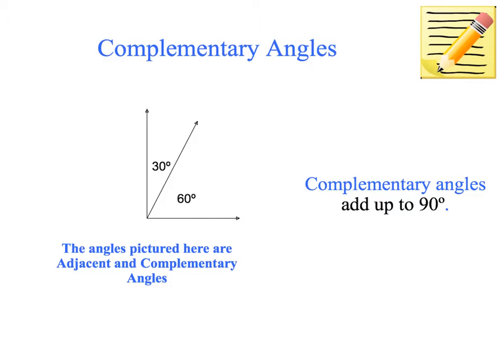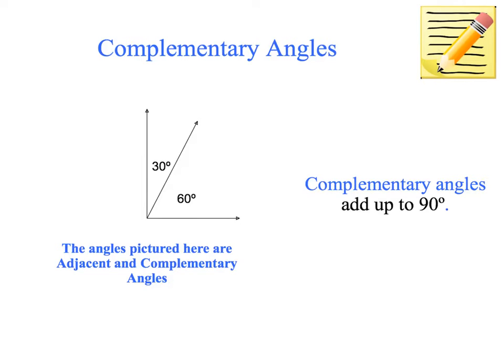Rightio, so we've got another type of pairs of angles which are complementary angles. So the complementary angles add up to 90 degrees. So you can see this is one angle, this is one angle. 60 and 30 equals 90 degrees. And we can also see that it's 90 degrees because you can tell it's a right angle.